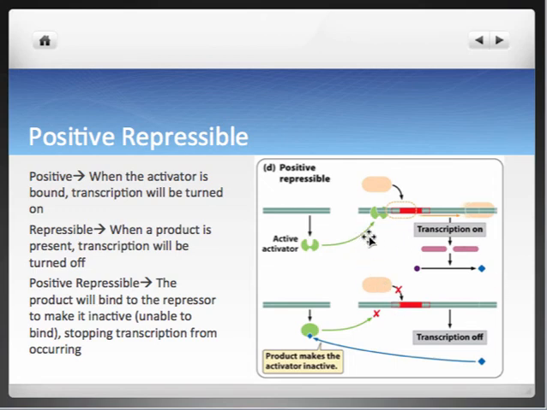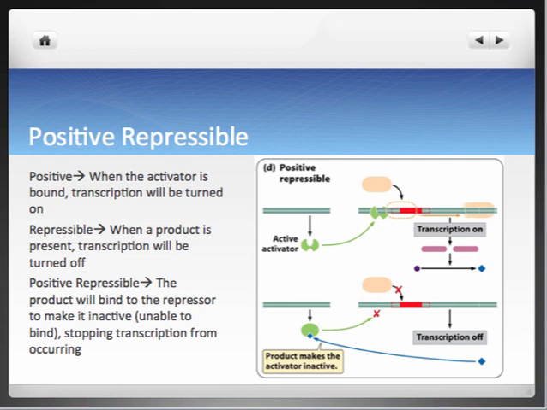So when the product is not available, the protein will bind, allowing transcription to occur. And so positive repressible means that the product will bind to the activator to make it inactive, stopping transcription from occurring.